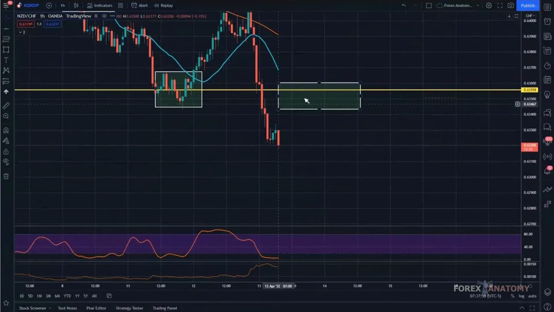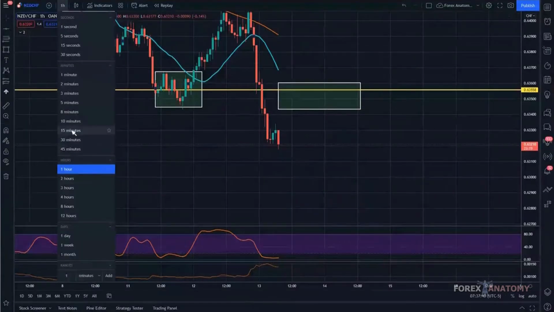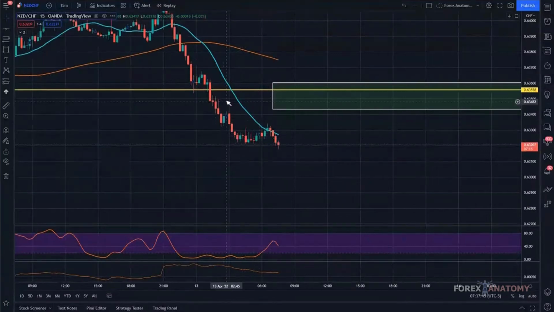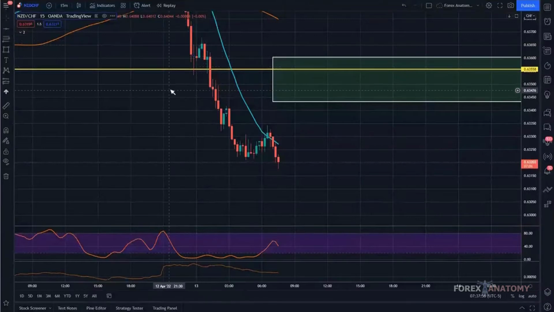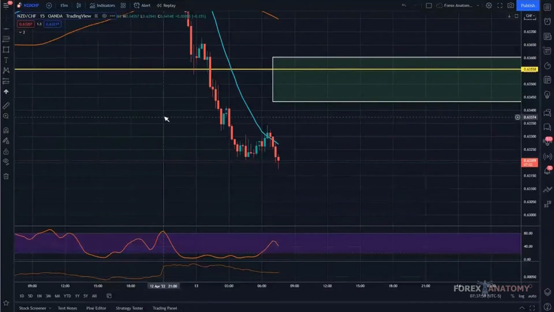So then somewhere within this zone is where I think the sellers would come if we do see price retrace. Also, something we could do as well is drop down to the 15-minute. Let's see if we see any hidden structure in this move to the downside. We don't really see much. We do see price hesitating or pausing right around this section. But for the most part, we don't really see much.